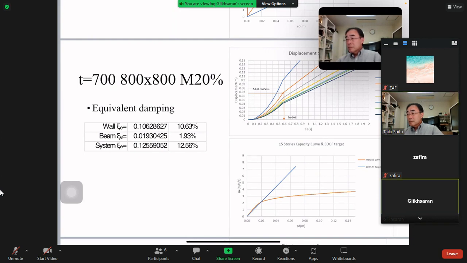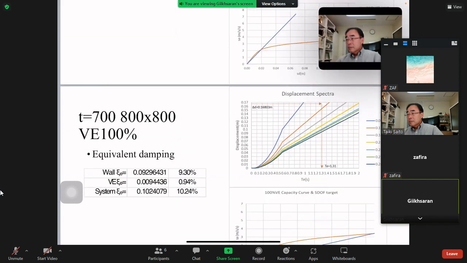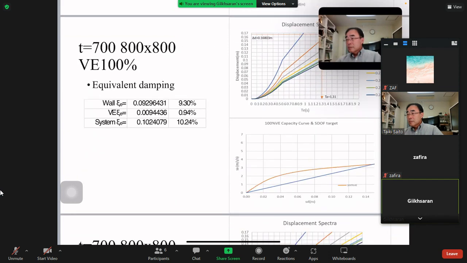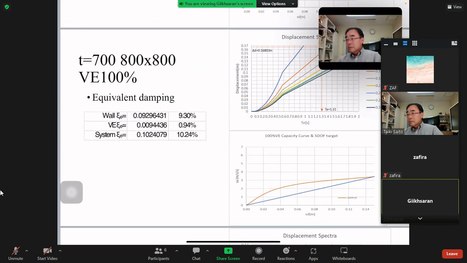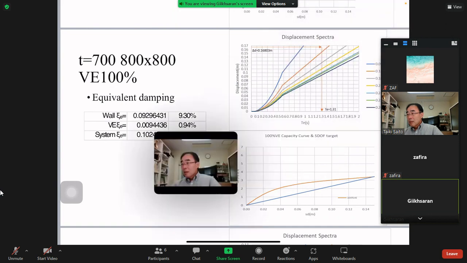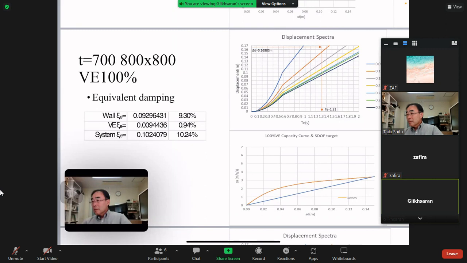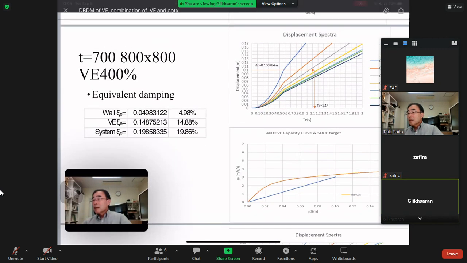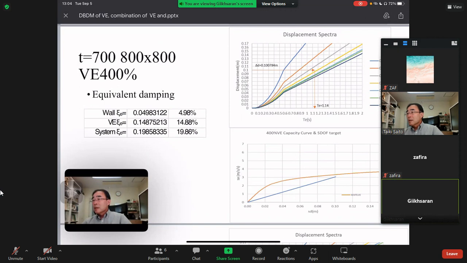This result is not good, but this viscoelastic 100% result is, and this is 400% of viscoelastic.